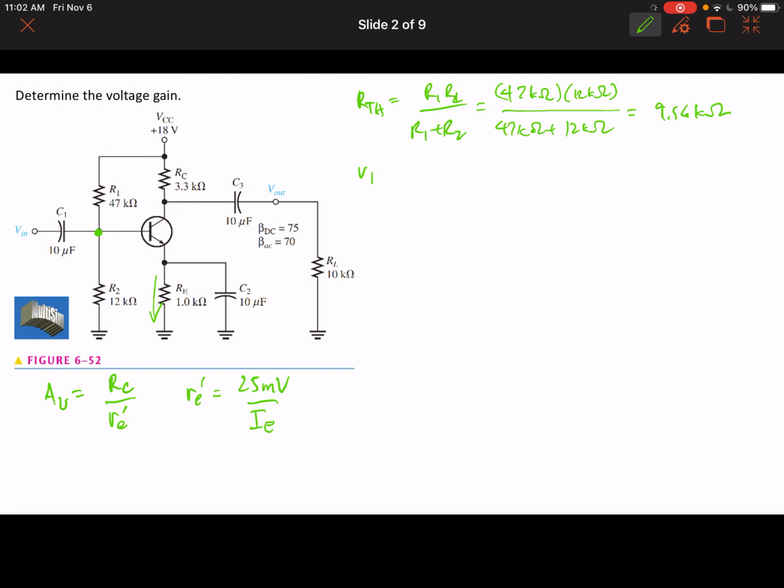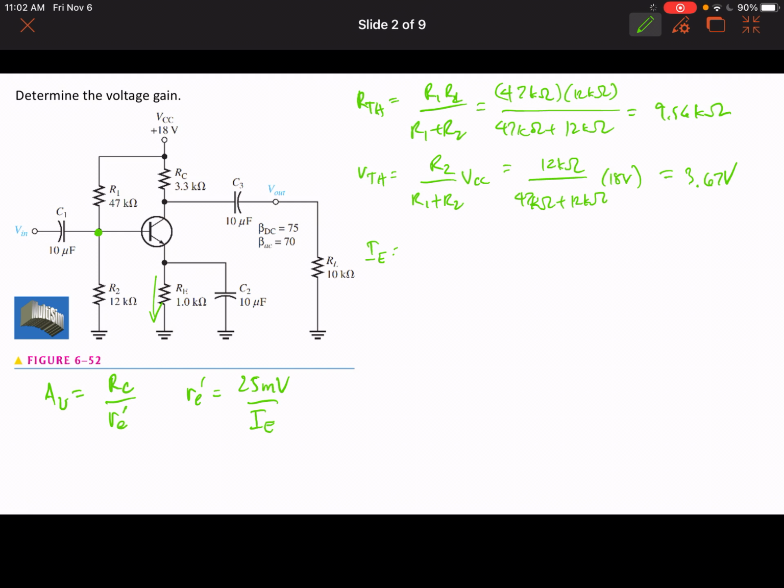VTH is given by R2 over R1 plus R2 times VCC. R2 is 12 kilo ohms and R1 is 47 kilo ohms, plus 12 kilo ohms, times VCC, which is 18 volts. So here we have 3.67 volts.